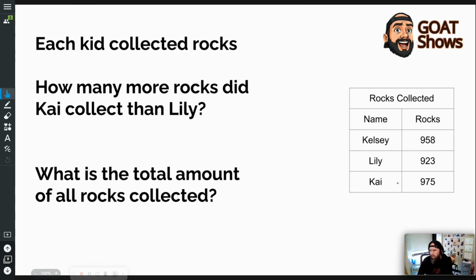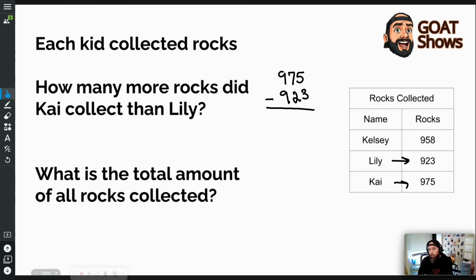So Kai collected more than Lily, and we want to know how many more he collected. That's subtraction. So we're going to take Kai's number, which is 975, and we're going to subtract Lily's number, 923. So make sure everything's lined up.